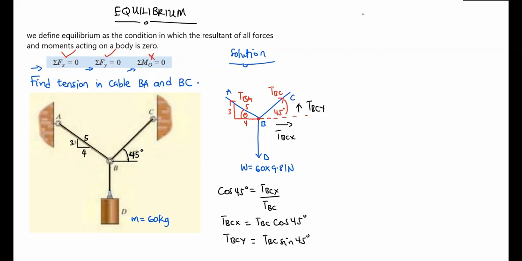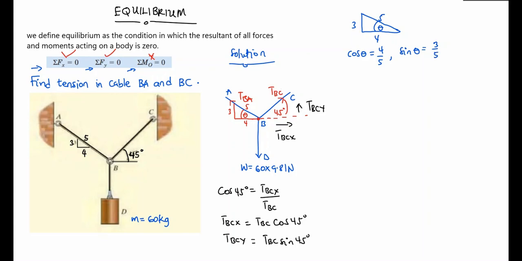So let's do the same for TBA also. You see that we have some small triangle which has values 4, 3, and 5, and this is the angle theta. This theta will be the same as the angle that the tension TBA makes with the horizontal. So cosine of this angle will be equal to the adjacent over the hypotenuse, which is 4/5, and sine of this angle theta will be equal to opposite over the hypotenuse, 3/5.